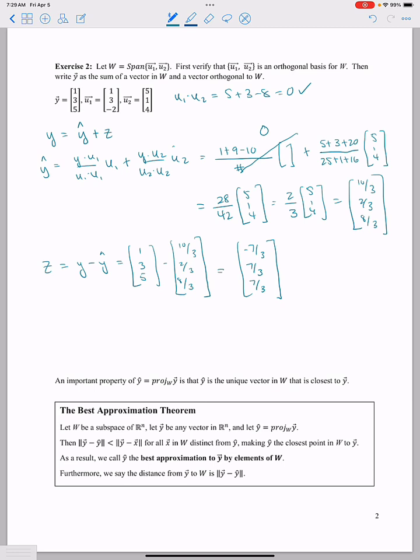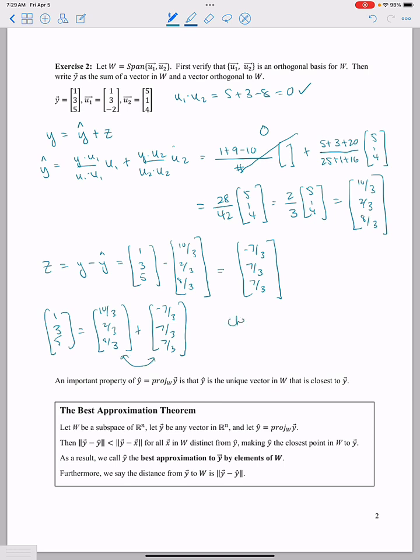So what this tells me is that my y, 1, 3, 5, can be decomposed into y hat, the 10/3, 2/3, 8/3, plus negative 7/3, 7/3, 7/3. And these two are orthogonal.